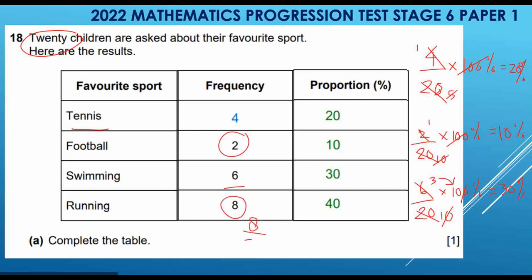And the last one, 8 over 20 times 100. So now we can do 100 divided by 20 is 5. So 8 times 5 is 40. So that's how we got 40%.